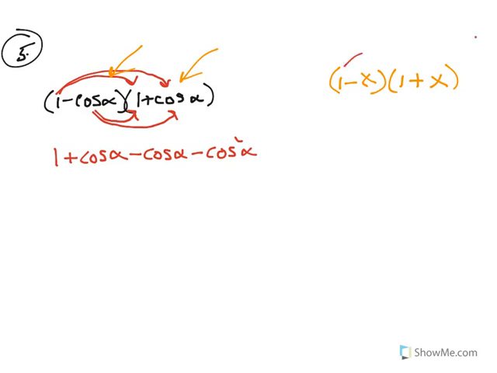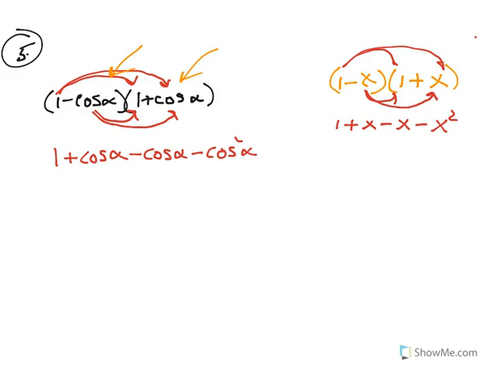So 1 times 1 should get you 1. 1 times x is positive x. Negative x times 1 is negative x. x times x is x squared, but you have a negative times a positive, so that's going to be negative x squared. So all the same algebraic properties that you would use for a variable x, you can use with your trig function since they are unknown.